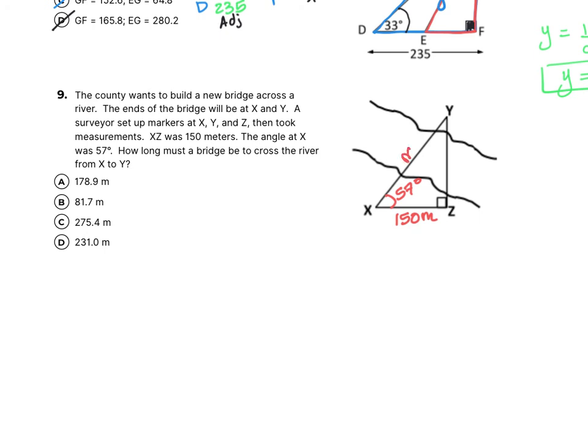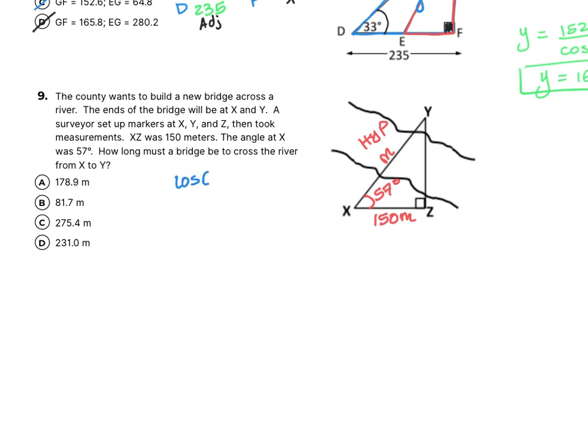So I'm going to call this M, and that's the hypotenuse that I'm trying to find in this problem. So I have adjacent, I need hypotenuse, I have an angle, so I'm going to use cosine. So cosine of 57 is equal to adjacent, which is 150, divided by the hypotenuse. Cross multiply.